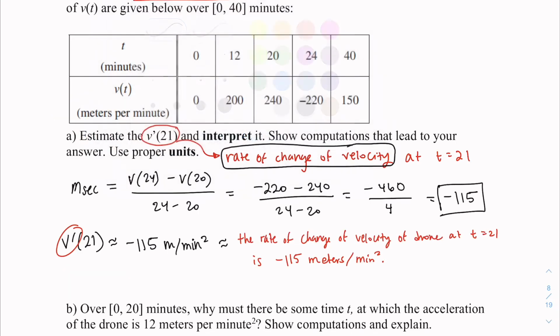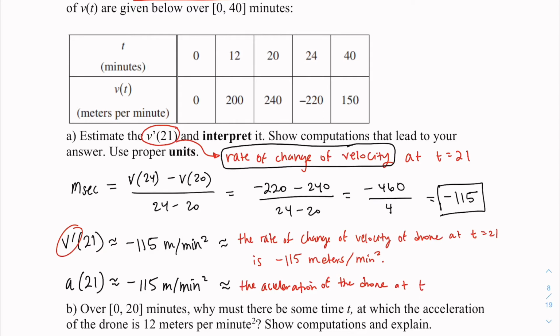Interpretation number 2 could go like this. Instead of v prime, you might think of it as a. This is acceleration. So you could say a of 21 is negative 115 meters per minute squared. Therefore, the acceleration of the drone at t equals 21 is negative 115 meters per minute squared. So we could have done number 1 or number 2. Either of these is proper interpretation and also the correct answer.